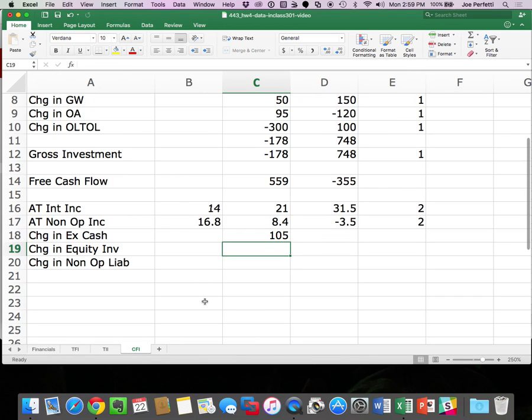Positive or negative? Okay. So here's the point. In terms of CFI, it has a negative impact. If I purchase a non-operating asset, I have less money to pay out to my investors. Excess cash is just another non-operating asset I'm purchasing. That's technically the way it's looked at.